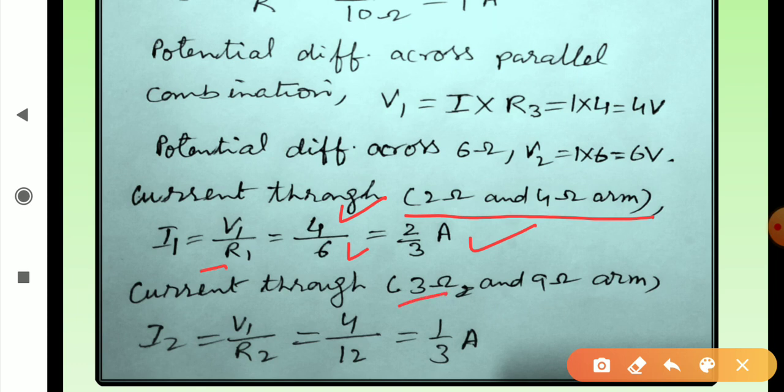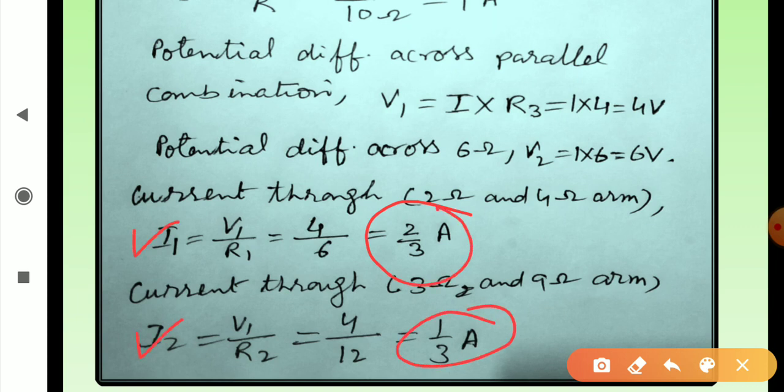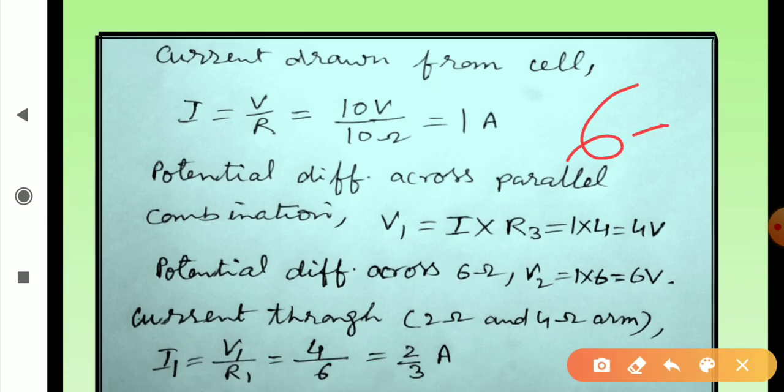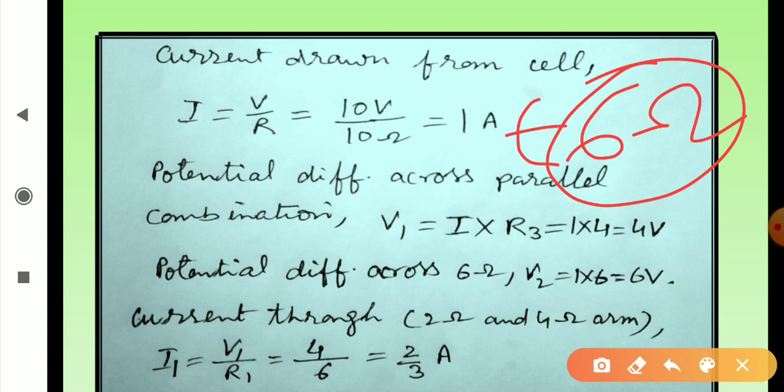Now the current through the 3 ohm and 9 ohm arm will be equal to V1 upon R2, because the potential difference is the same, so 4 upon 12, that is 3 plus 9 is 12, 1 upon 3. Now if you look at I1 plus I2, the sum of both currents, 2 upon 3 plus 1 upon 3 will give you I is equal to 1 ampere, which is equal to our total current. So there will be no loss of current anywhere. And through the series 6 ohm resistance, this same current is going to pass. Okay, in the 6 ohm this same current will pass.